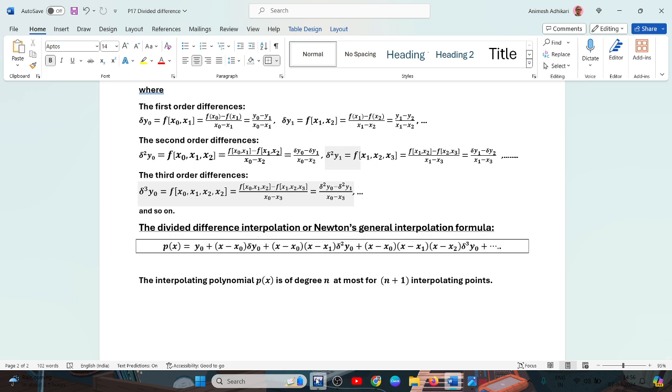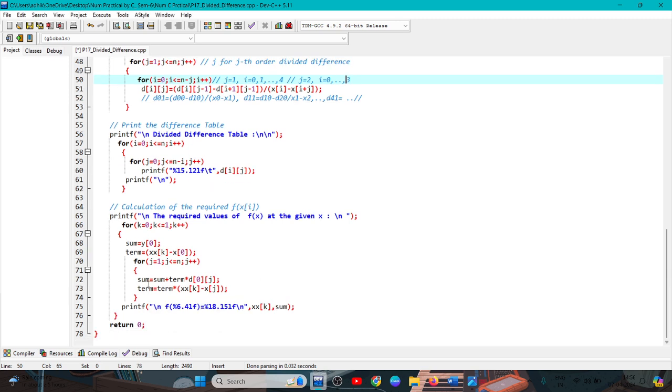So initially sum equal to y0, and term equal to x minus xk, where k equal to 0, so term is x minus x0. Then j equal to 1, j less than or equal to n, j plus plus, sum equals the previous sum y0 plus term, that is (x minus x0) into d0 1, delta y0.